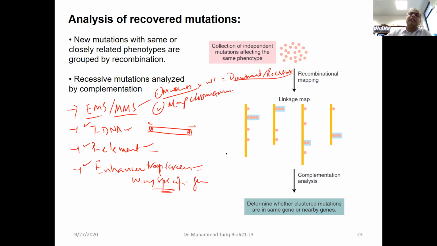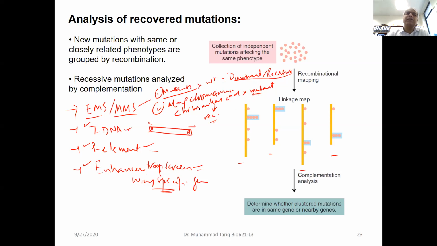Where in the genome, let's say these are 1, 2, 3, 4, on which chromosome your mutation is lying. So you use different chromosomal markers. Let's say second chromosome specific markers, cross them with your mutant and look at recombinants in the next generation to see if I am lying on the second chromosome or third, where my mutant phenotype is co-segregating, because the known mutant marker should co-segregate with your phenotype.